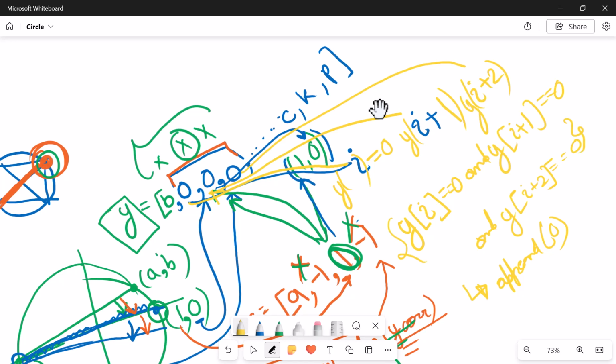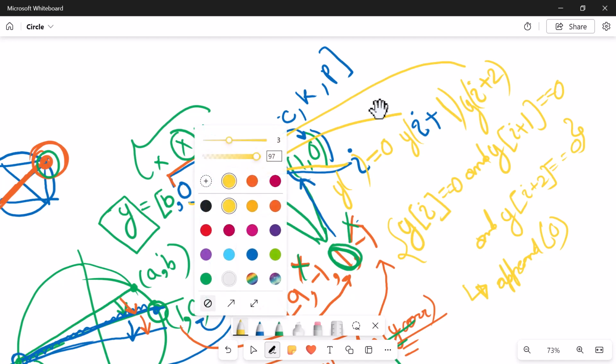So the problem in this code is the moment our loop hits the last parts of our code, that is the CKP part.